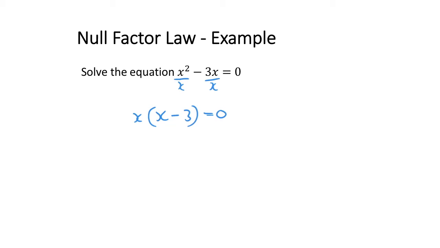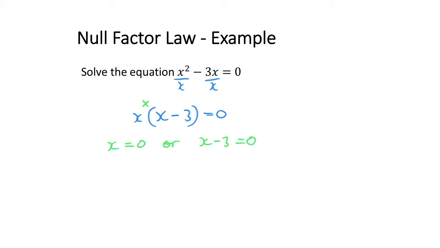So now my equation is x times x minus 3 is equal to 0. And I can apply the Null factor law to that equation. So when I'm multiplying those two terms together, remembering there's a multiplication sign, so it's really x times x minus 3 is equal to 0, one of those terms is going to have to equal 0. So either x is equal to 0 or x minus 3 is equal to 0.